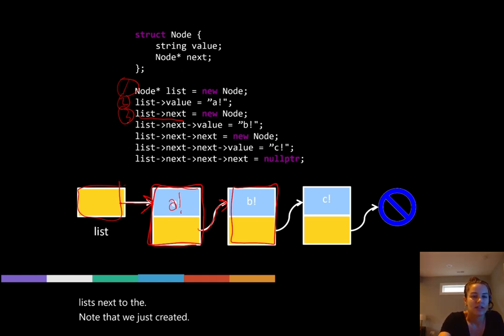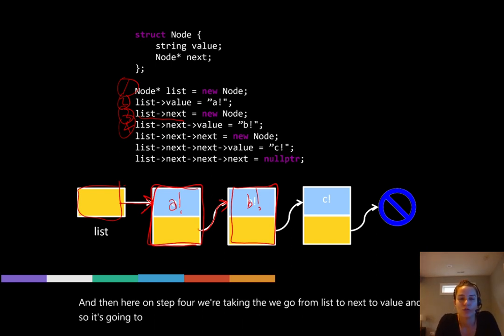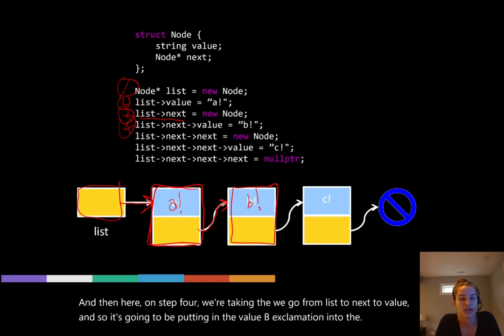And then here on step 4, we go from list to next to value, and so it's going to be putting in the value b exclamation into the node struct that we just created.